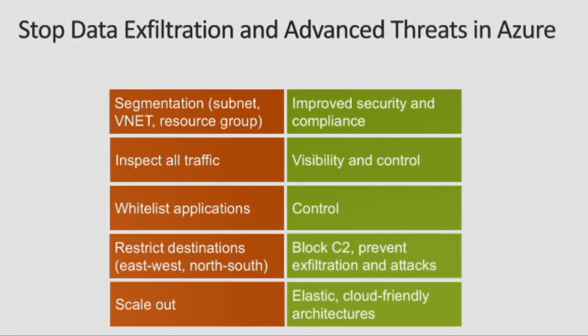In the last part, I mentioned the cloud elasticity idea. You want to build scale-out architectures. You don't want a single point of failure. In the on-prem world, you may build a massive firewall and create an active-passive or active-active pair. And one guy fails, the other guy takes over. You have a massive investment in on-prem infrastructure.